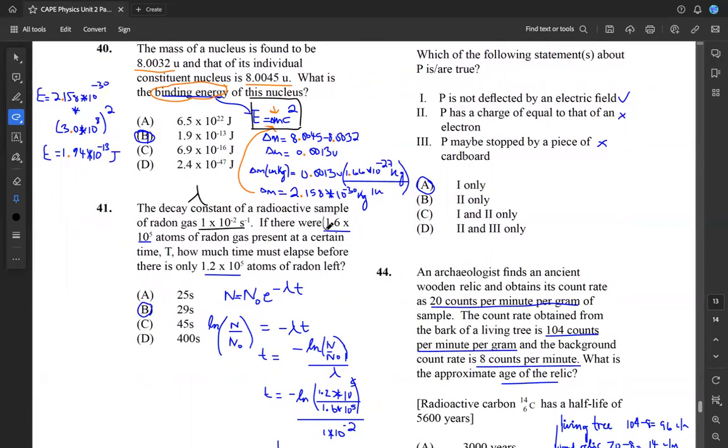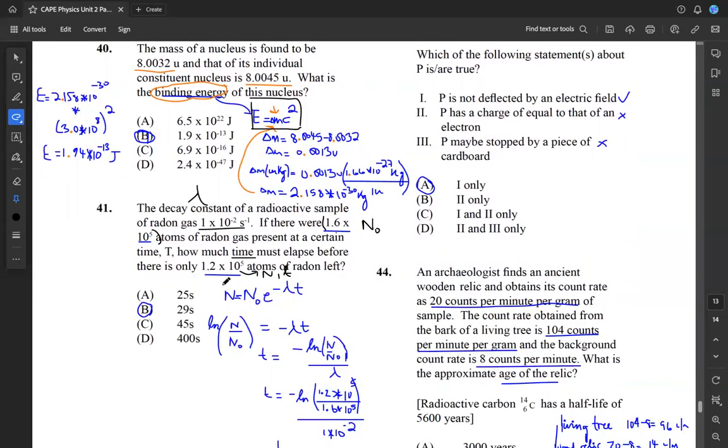That would be our N naught, the number of radon gas atoms that we have initially. And then they're asking how much time must pass before we end up with 1.2 times 10 to the 5. So this then is going to be our N final at a certain time t, right?